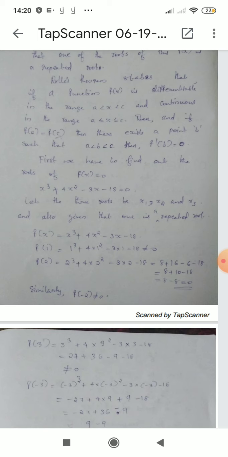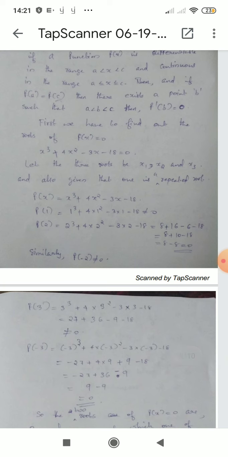And what do you mean by f of x is equal to 0? What do you mean by a root? A root means, when we consider a function f of x is equal to 0, if x is a root, then when we substitute x in that equation, the right side and left side will be 0.